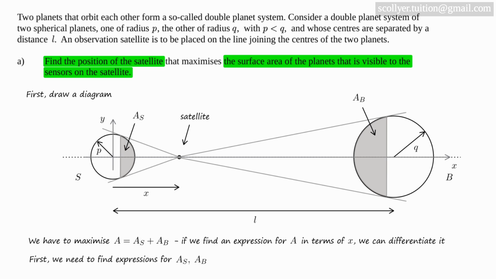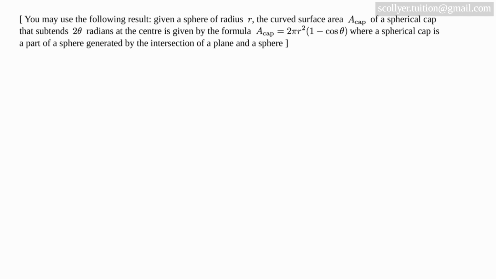First though, we need to find expressions for AS and AB, but there is a hint in the question that we can use to do so. And the hint is this: the curved surface area of a spherical cap subtending 2 theta radians at the centre of a circle is given by the formula A cap equals 2 pi r squared into 1 minus cos theta.